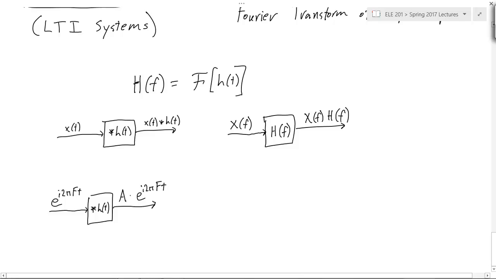If this constant has a phase, that amounts to shifting our complex exponential. If it has a magnitude, it amounts to scaling it.